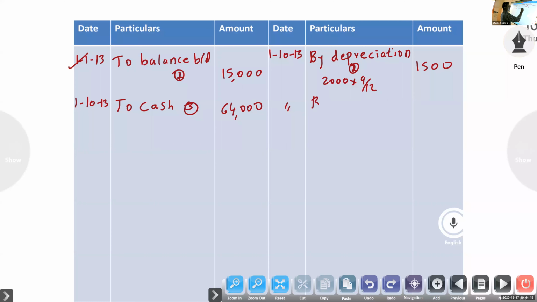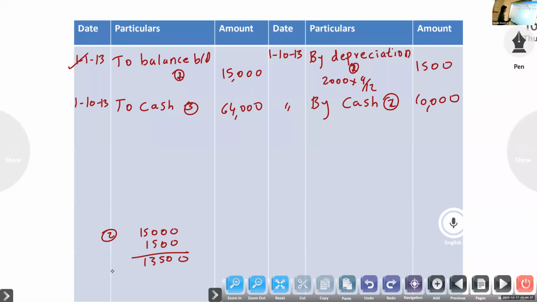Then by cash, second, by cash 10,000. And if there is a sale, you have to find profit or loss. Second one balance after depreciation 1,500. So current value, sold for rupees 10,000. Loss.